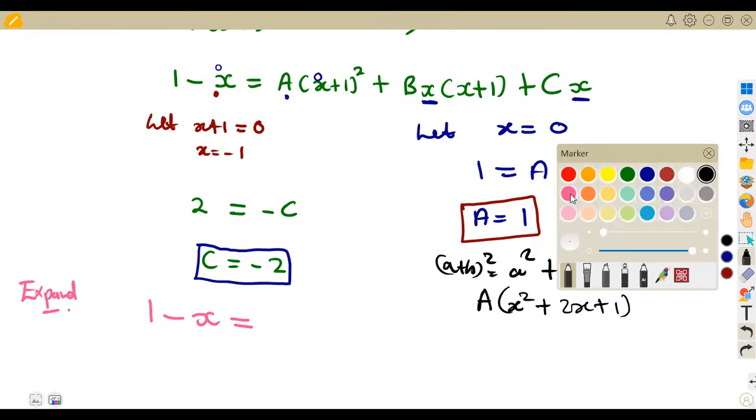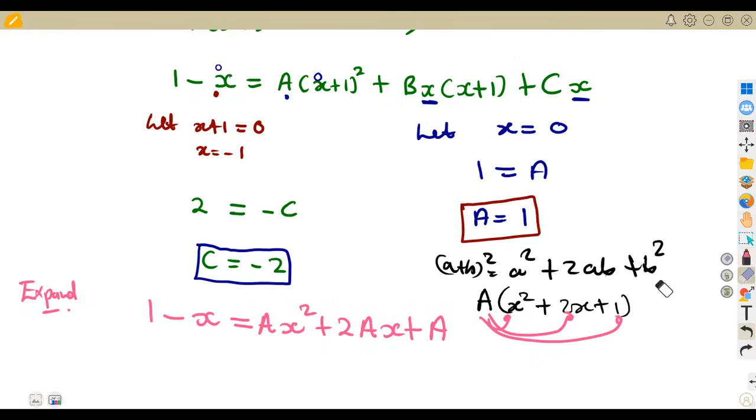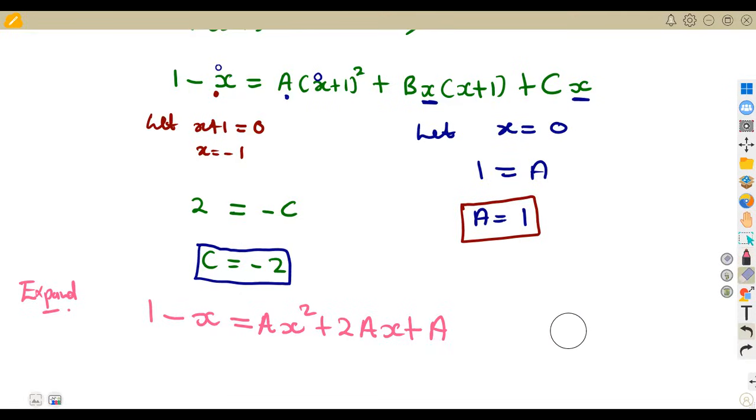But you are supposed to know that you have to affect everything by what? By a. So that's a times x squared, which is going to be ax squared, a times 2x, so this will be 2ax. All right, a times 1, which is going to be a. So this is what we are going to have, okay? You expand using that identity of a plus b squared. All right, we are done on this part of a.